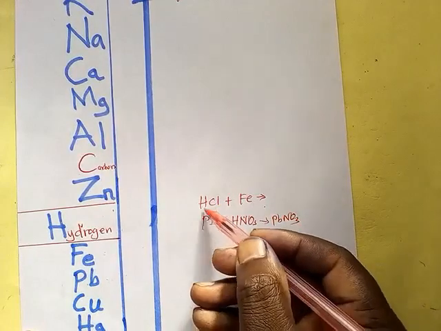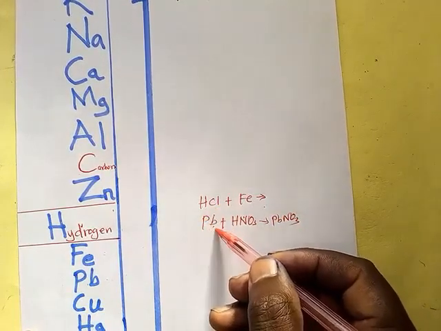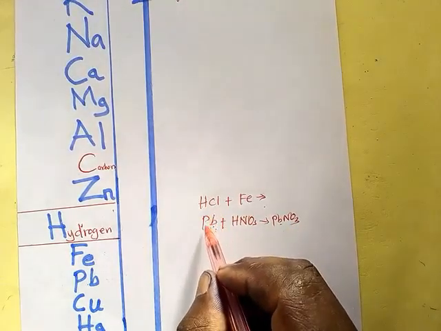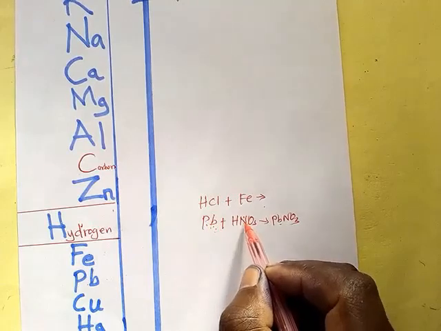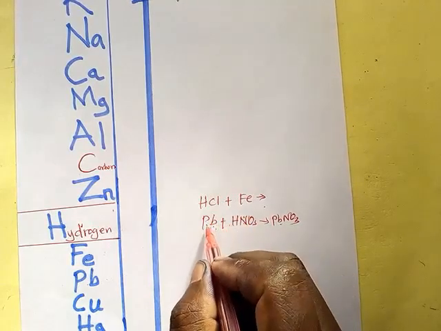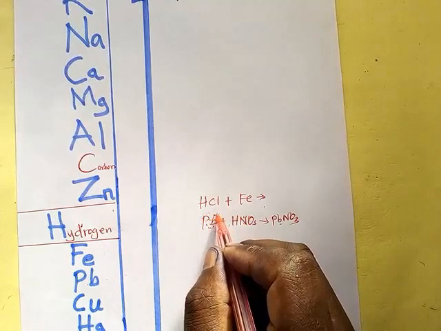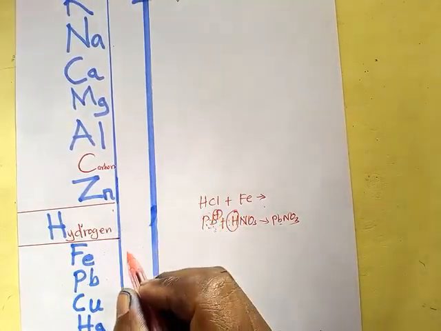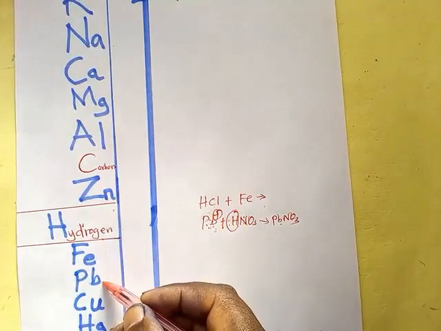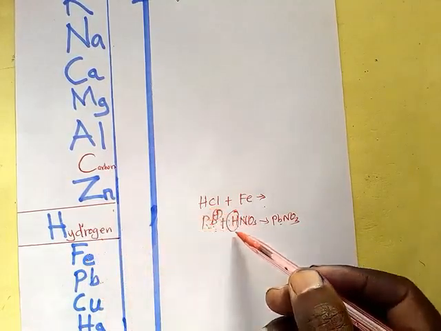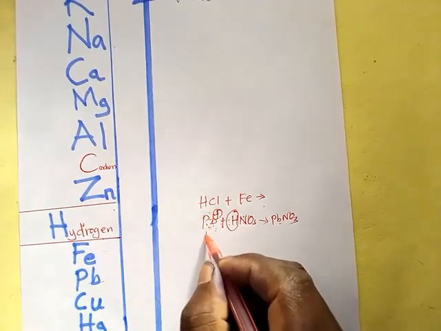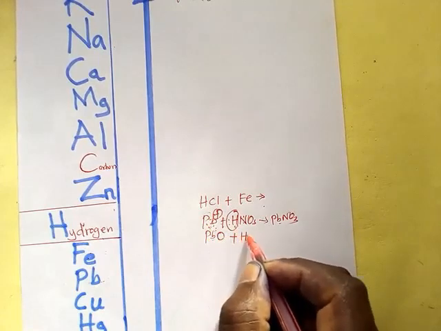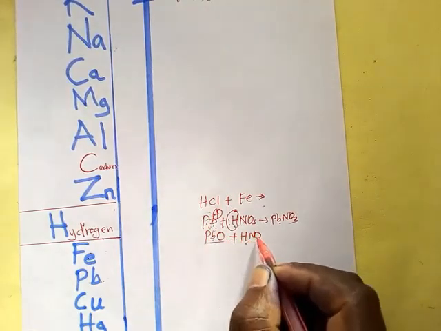If you are asked, starting with lead, to describe how to prepare lead nitrate, there is no way you are going to say that add nitric acid to lead. Why? Because lead ions cannot displace the hydrogen here, because lead is less reactive than hydrogen. You understand that? So in this case, you must react lead with oxygen to form lead oxide and then react with nitric acid. Now you must make it an oxide.